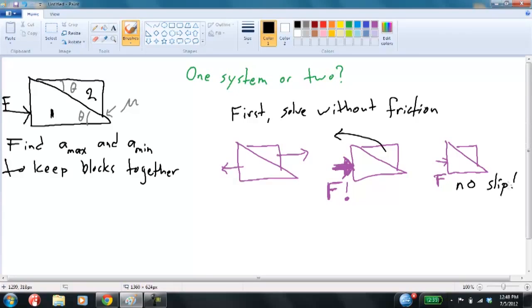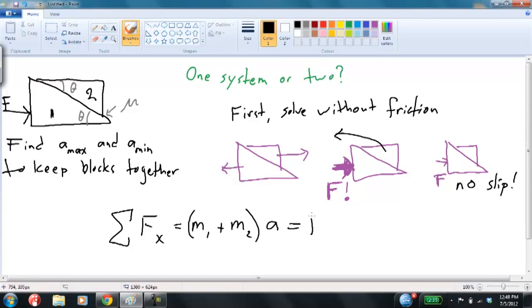Okay? So what's going to happen is Newton's second law in the x direction: the sum of the forces in the x direction equals the total mass times the acceleration. And this is equal to F, and the masses are given.